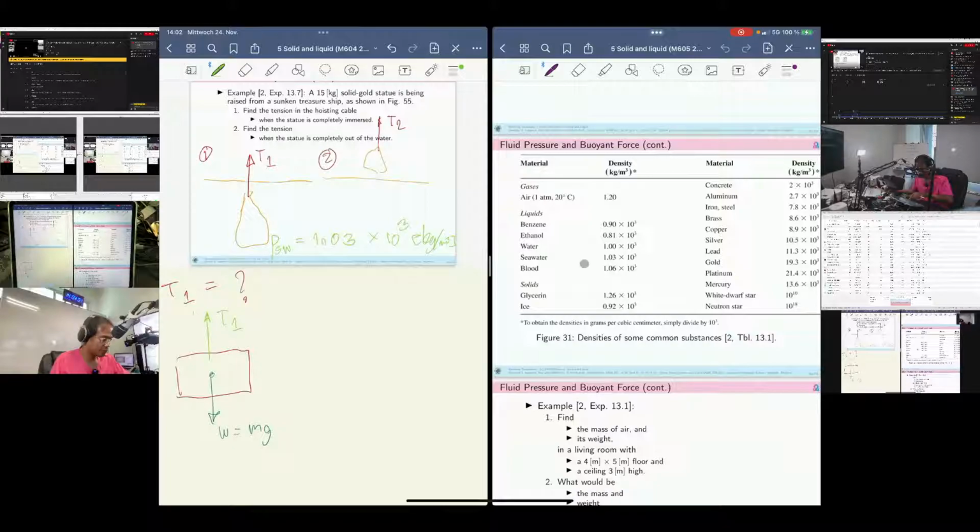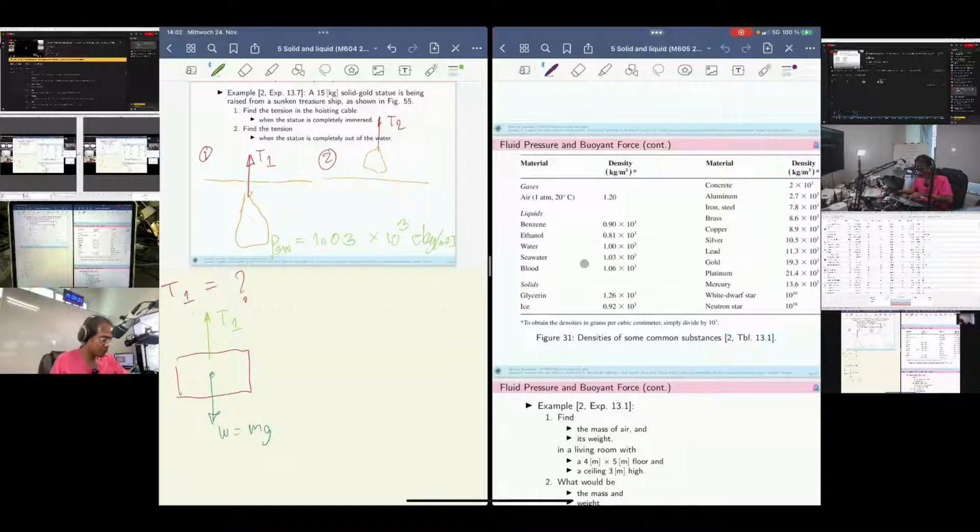So from Newton's first law, we have sigma F equal to 0, right? So T1 plus B minus W equals 0. What we want to find is T1, so we need to move the other two terms to the right hand side. So T1 will be W minus B. W is the weight of this object, and they say the mass of this solid statue.